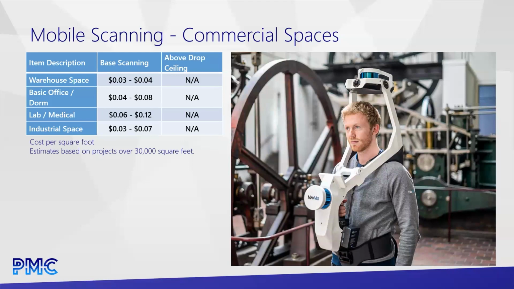Now, there are some weird areas as the size of the project gets bigger or smaller, where there's some strange overlap where traditional scanning becomes cheaper than mobile scanning. Because with traditional, we can go a little further in the square footage using targets, which is still pretty cheap, but not survey.